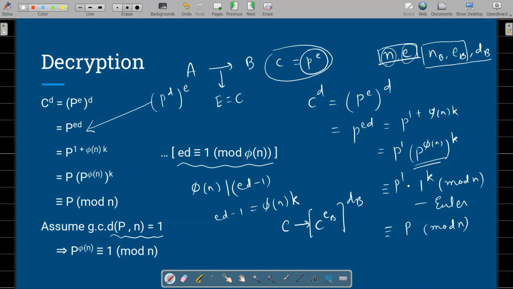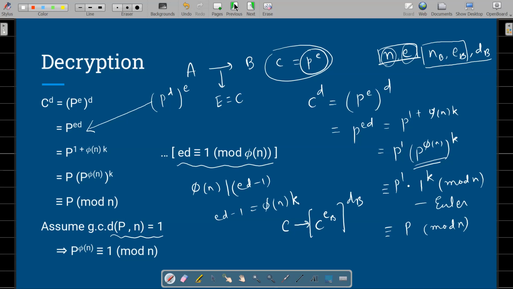And A is using B's N and E. Sir, if he uses B's N, he should know phi of N. But A is not decrypting, A is encrypting using that N and E.